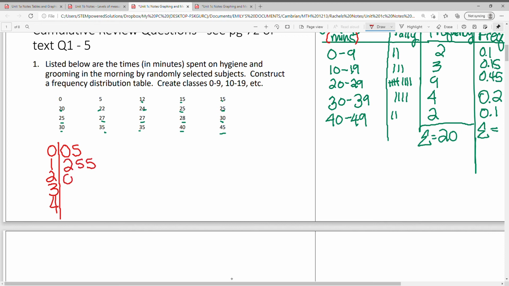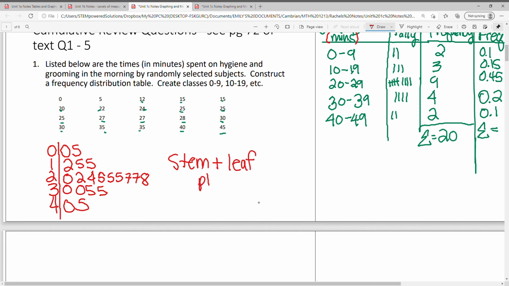For the 20s, we had 20, 22, 24, 25, 25, 25, 27, 27, 28. For the 30s, we had 30, 30, 35, 35, and for the 40s, we had a 40 and a 45. So this would be a stem and leaf plot of the data.